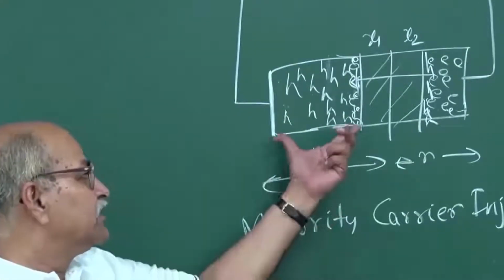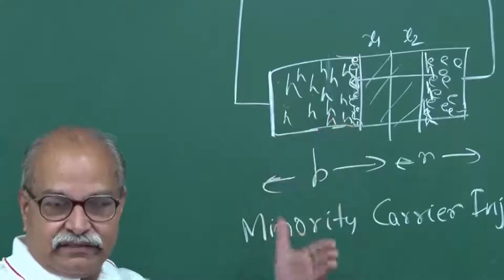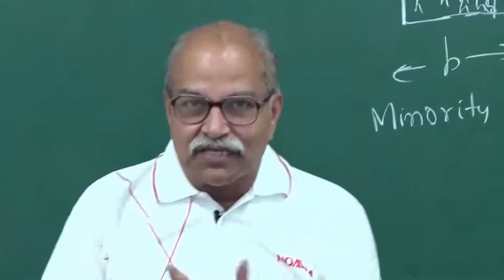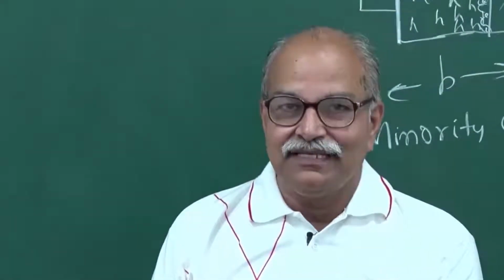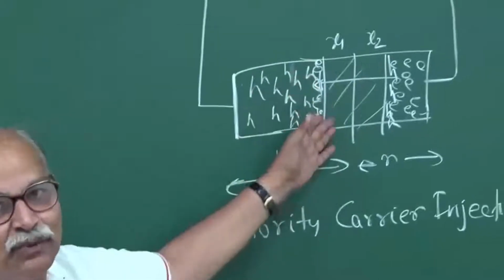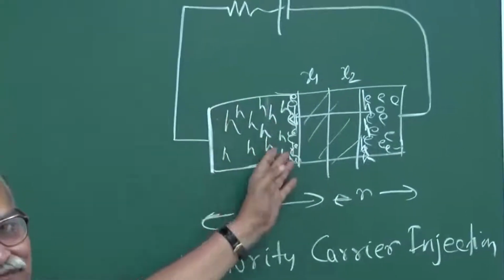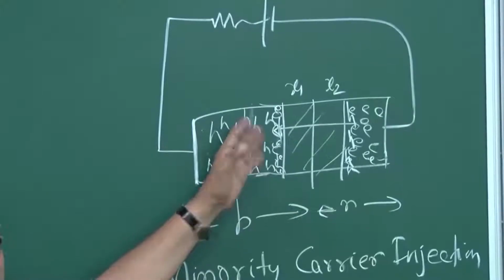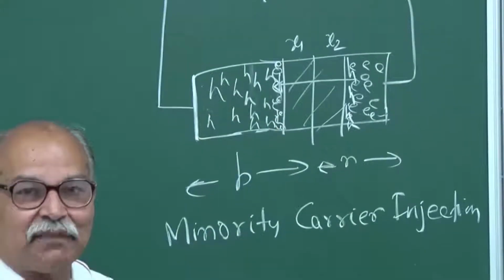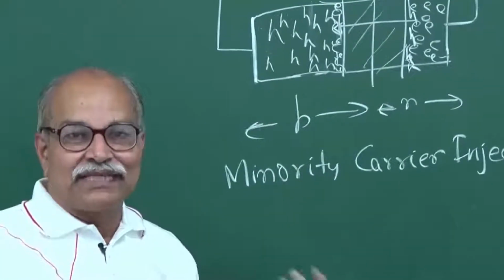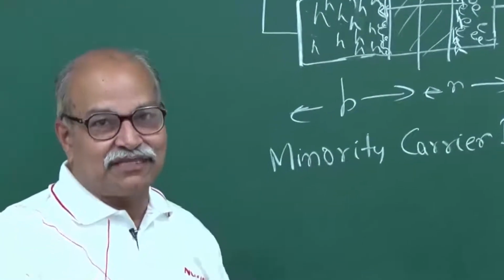And if this width is sizable, then in the process these electrons can combine with the holes, because there are so many holes sitting here. So when the electron combines with the hole, that charge stability, or the charge equilibrium or steady state condition, will be disturbed.